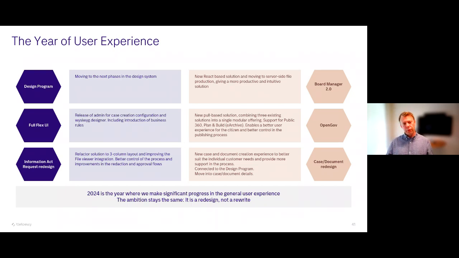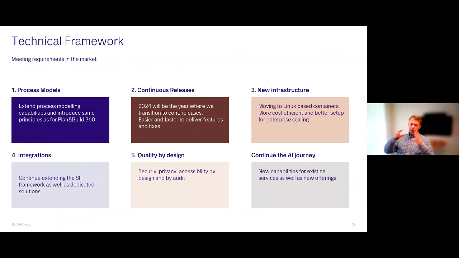If we go one slide further, you will see the other side of that equation, which is the technical framework. What are we doing, and what is our strategy on the technical side? First of all, I have just shown you the process modeling interface for Plan and Build.